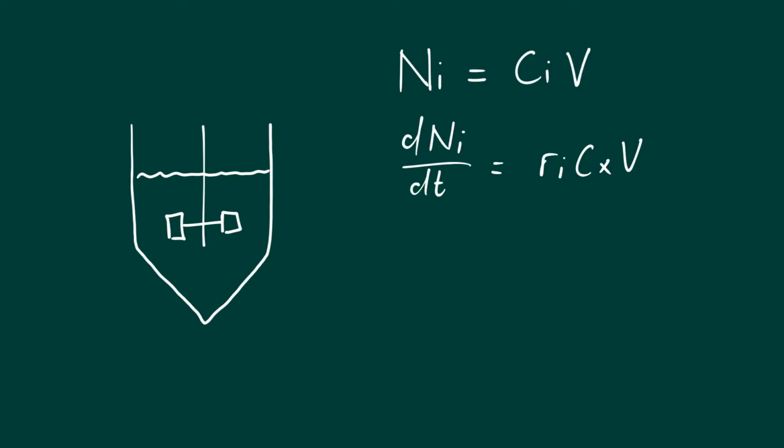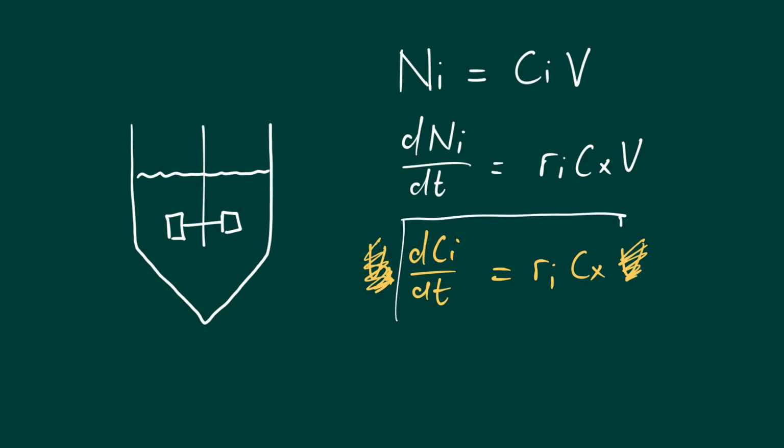Effectively we've reduced this equation by saying dNi/dt is equal to V times dCi/dt, and that would have been equal to Ri times Cx times V. In a batch fermenter, the volume remains constant. So the volumes cancelled out, and we ended with something that looked like this, and this is really what we integrated.